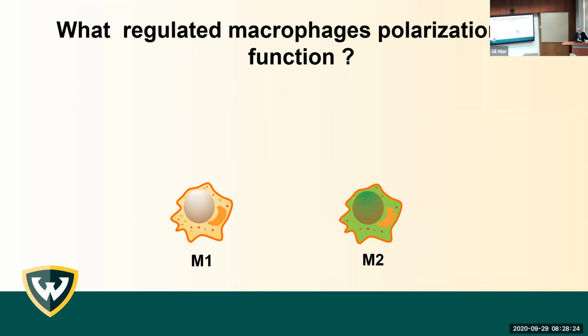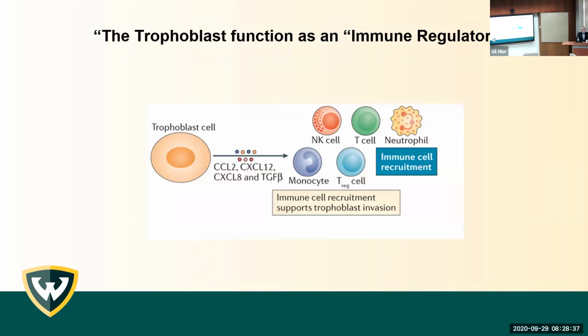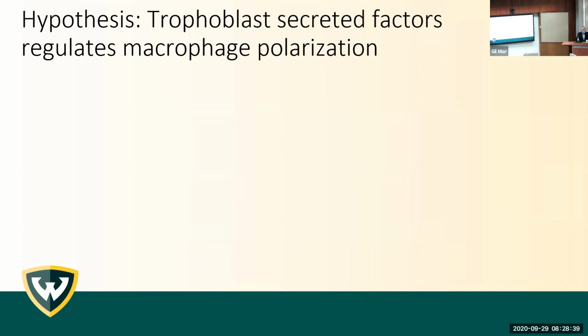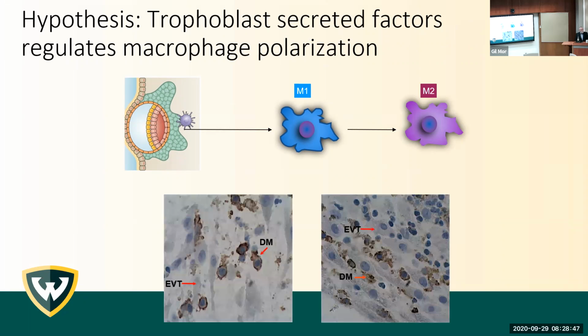Going in a very simplistic way, we wanted to know whether the trophoblast will induce an M1 or an M2, either pro-inflammatory or anti-inflammatory. That's going to the immune education. So that is the question: is this going to be M1 or M2?